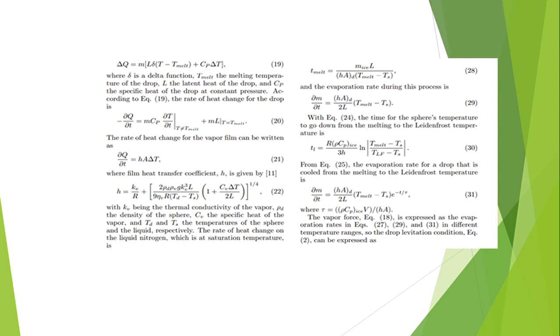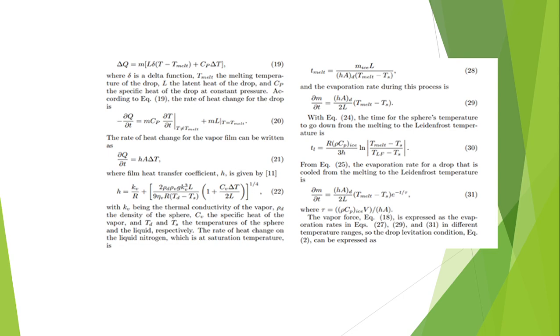H equals kV over R multiplied by the quantity 2 rho d V q 3 L over 9 theta V R multiplied by Td minus Ts, multiplied by 1 over 1 plus Cv delta T over 2L, all to the power of 1 over 4.